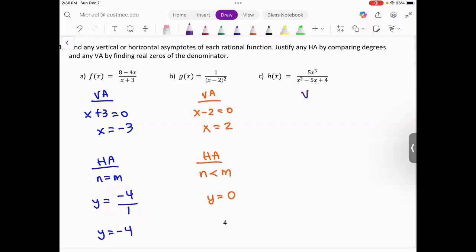And then last, we have 5x cubed divided by x squared minus 5x plus 4. Again, we'll set that bottom equal to 0 to find our vertical asymptotes. Here we need to factor. We know we're going to have an x in 2 factors like so. Here we have a +4 for our c, but a -5 for our b.